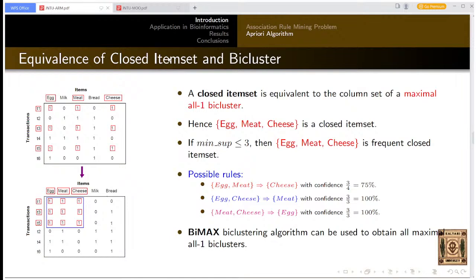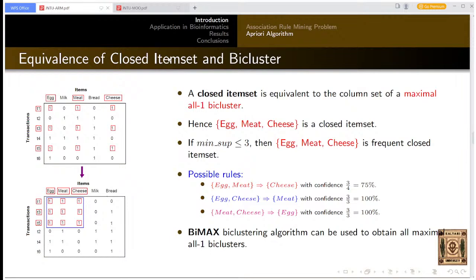We have to just rearrange these rows and columns to get a submatrix of all ones. Now when will we call this submatrix maximal? When it is not a submatrix of any other all-one matrix.